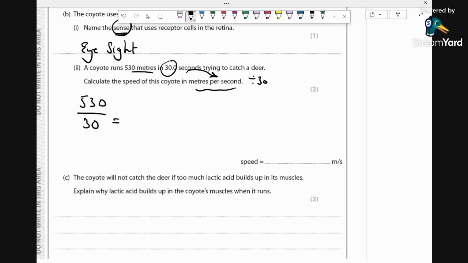What have I done with it? There we go. Right, 530 divided by 30 is 17.66667. It doesn't tell me to do it in any particular significant figures. So I think I'm just going to err on the side of caution and do 3 sig fig. So that is 17.7. So there we go.